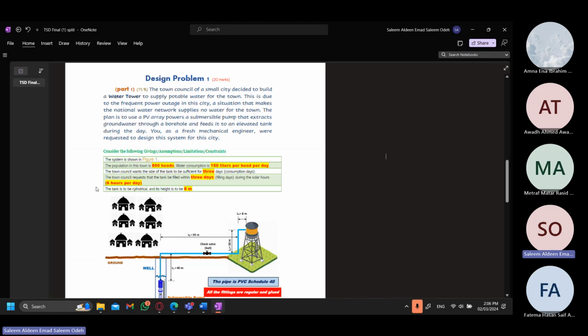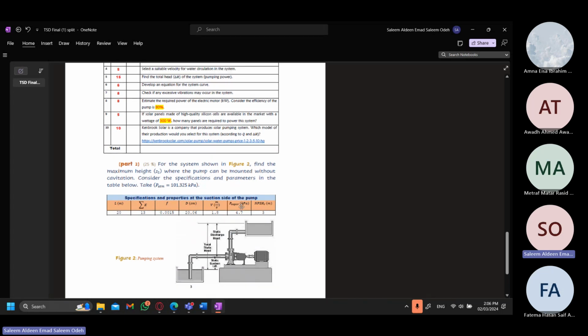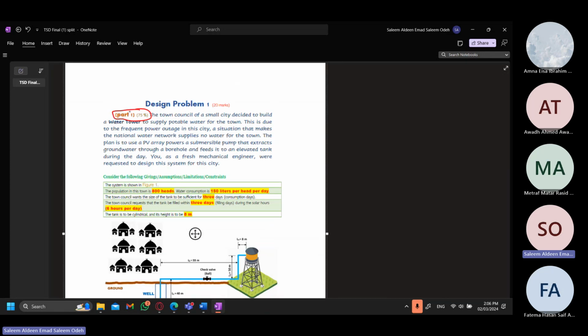This question is broken down into two parts. For design problem one, you have part one with 75% and part two with 25%, but both of them combined cover 90% of your midterm.